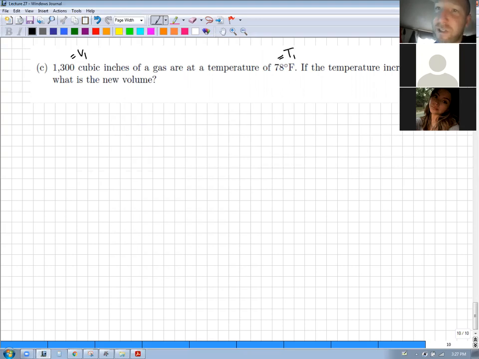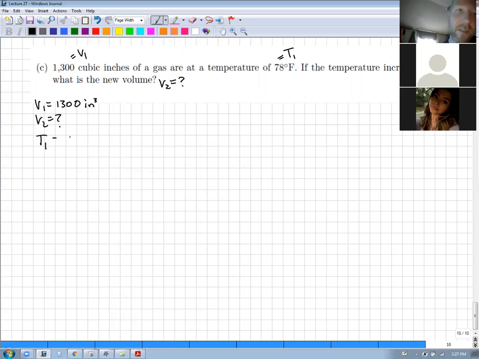We're going to change the temperature to 90 degrees Fahrenheit. What is the final volume? So we have V1 is 1,300 cubic inches. We don't know what V2 is.